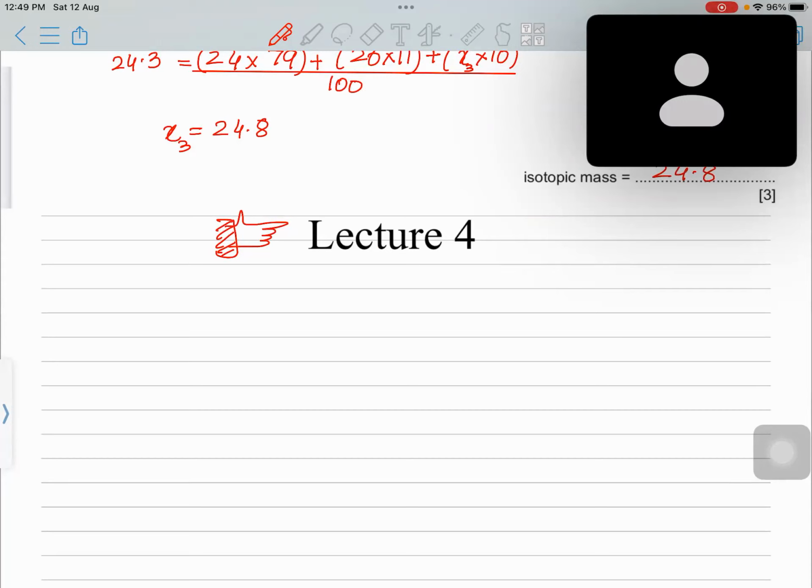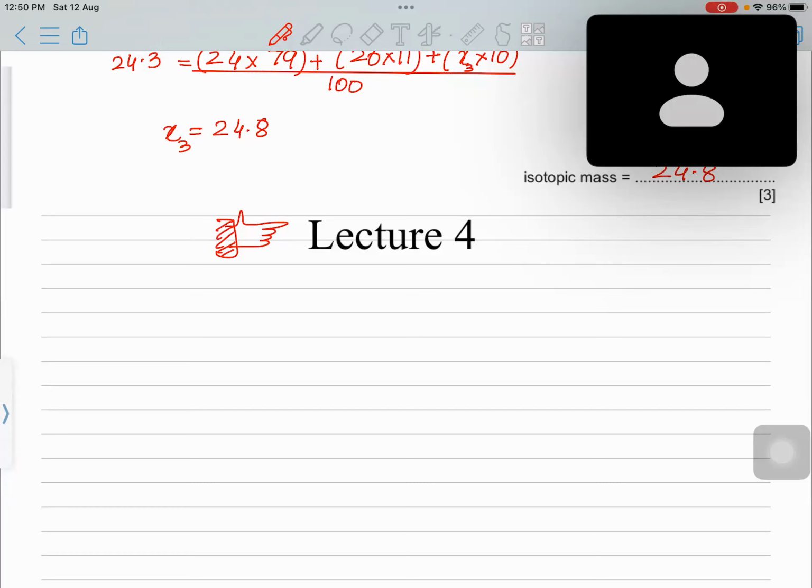Can you define what is relative atomic mass? The relative atomic mass refers to the mass of an atom compared to that of a carbon-12 atom.